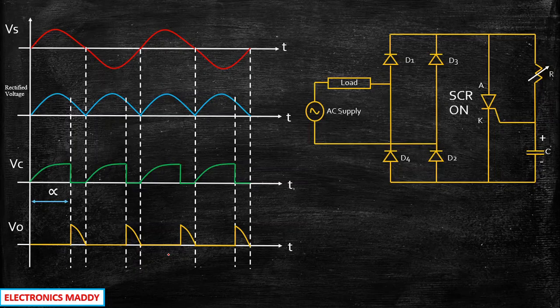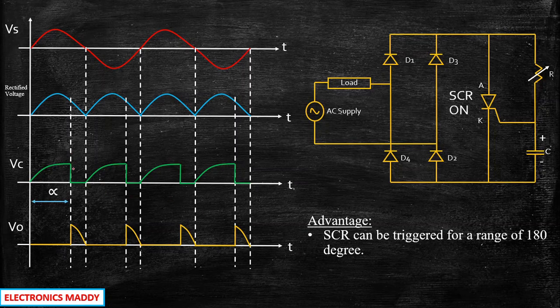Now you might be having a doubt as to why it is called a full wave RC triggering circuit. That is a fair enough question from your end. The reason is because you will be able to trigger the SCR during both the cycles, during positive half cycle, during negative half cycle.